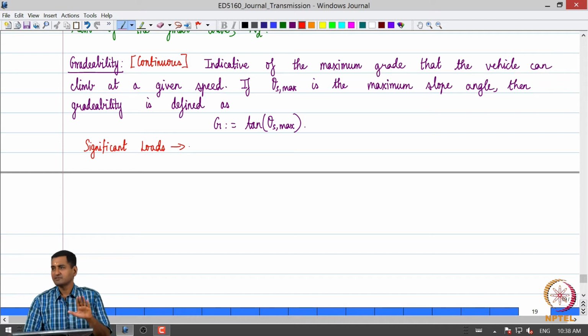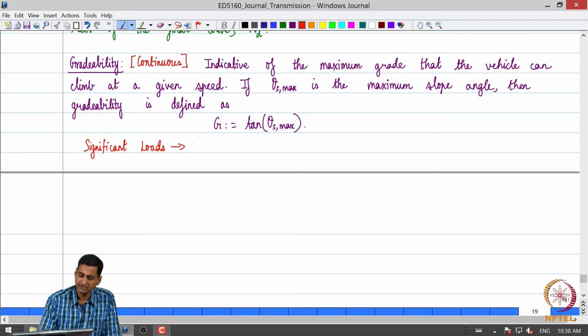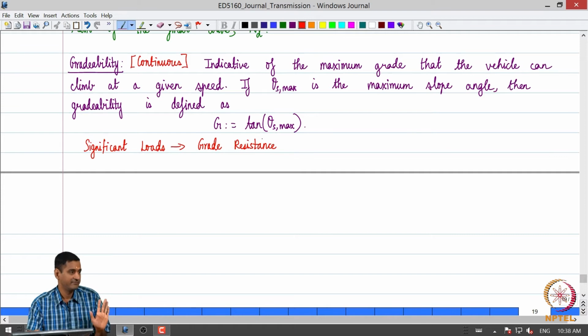No, because the vehicle is going at a constant speed on a slope. So inertia will not play a big role. The one term which is going to play an important role in gradability is grade resistance, because W sin theta s max is going to dominate all the other forces that the powertrain has to overcome.